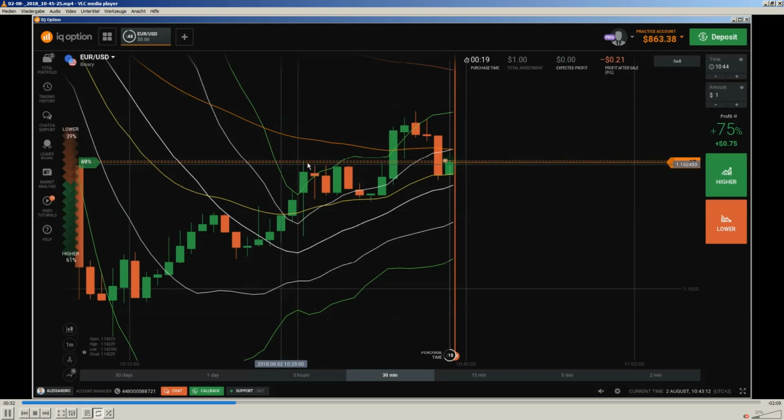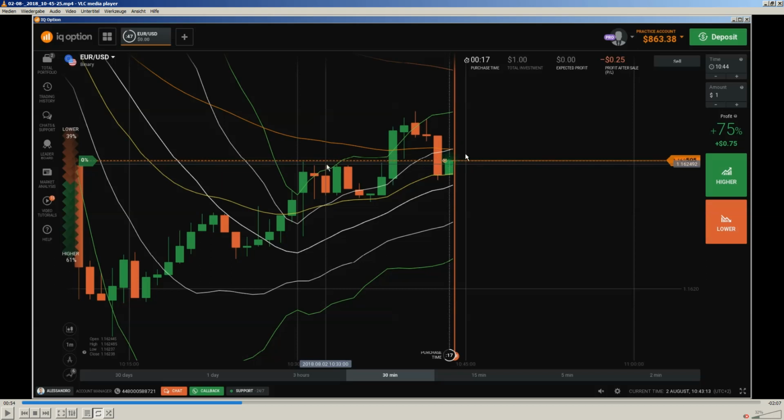Yes, I entered into a put because I understood that we are getting this kind of pullback, after price got back to this support and resistance level, which I have shown you, and I have explained to you what happens to this level.